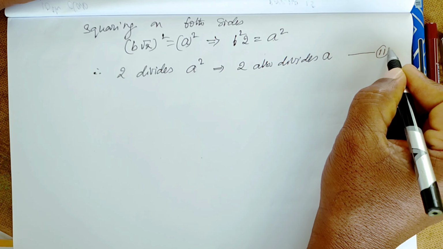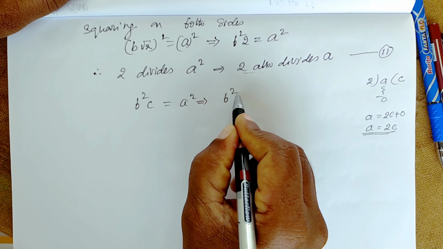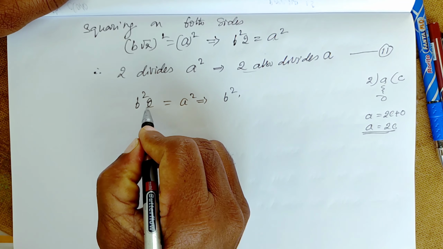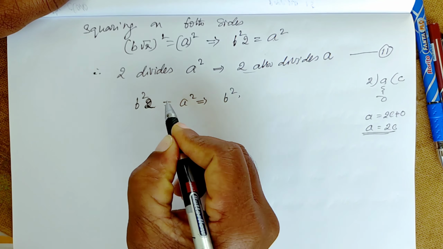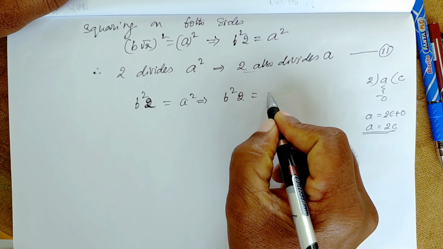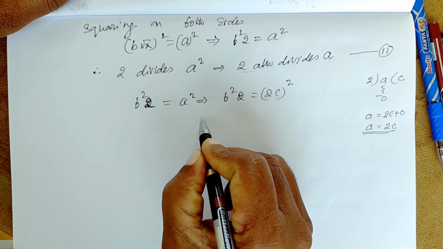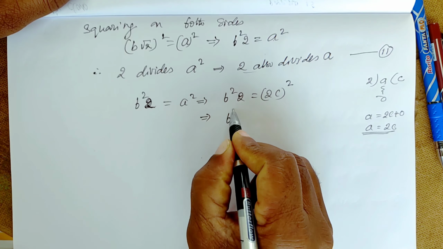Substituting, B square 2 is equal to 2C whole square, so B square 2 is equal to 4C square. Now 2 is common on both sides. Removing that common factor, we get B square is equal to 2C square.